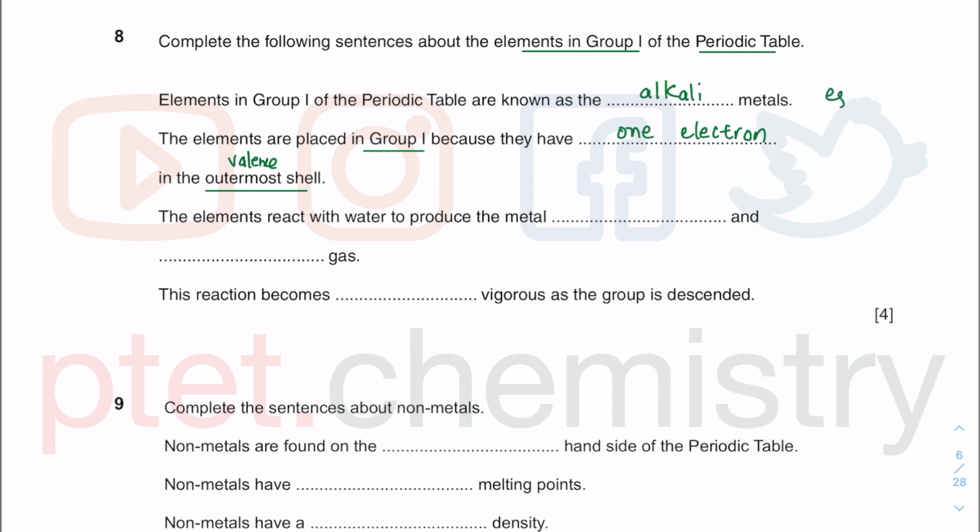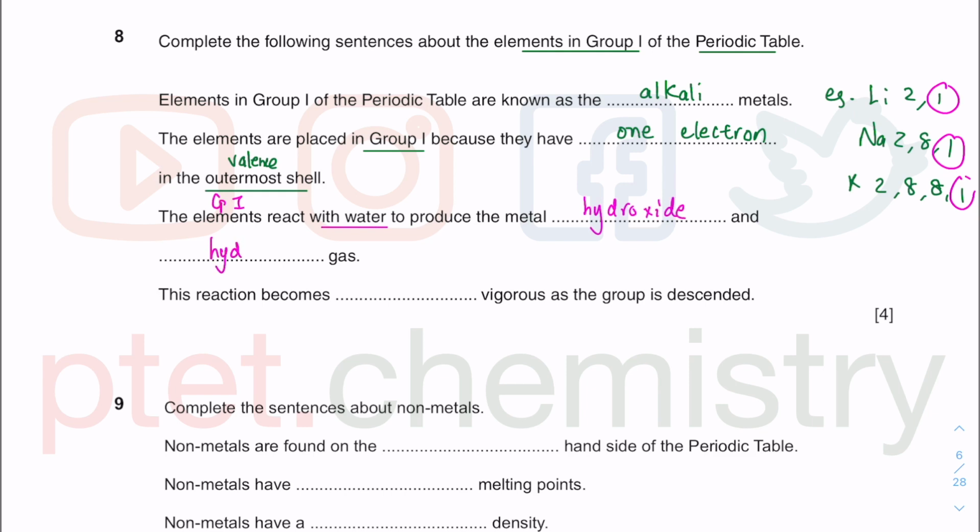For example, lithium will be 2,1, sodium will be 2,8,1, potassium will be 2,8,8,1. As you can see, in the outermost shell all of them have 1 electron. These group 1 elements react with water to produce metal hydroxide and also hydrogen gas.